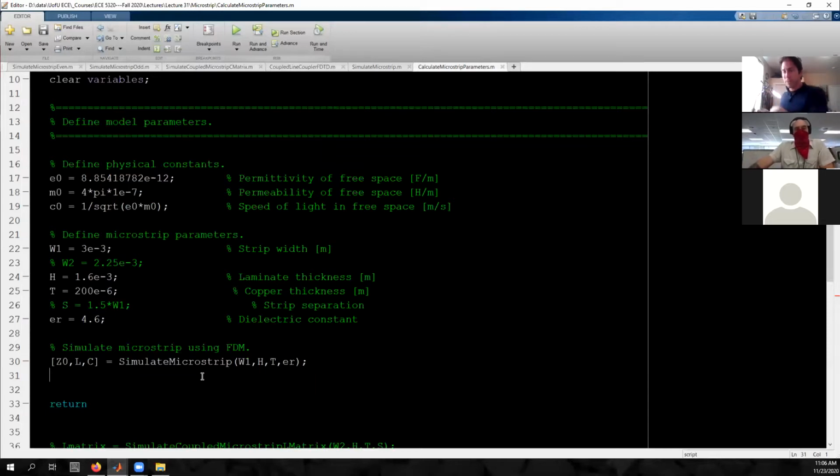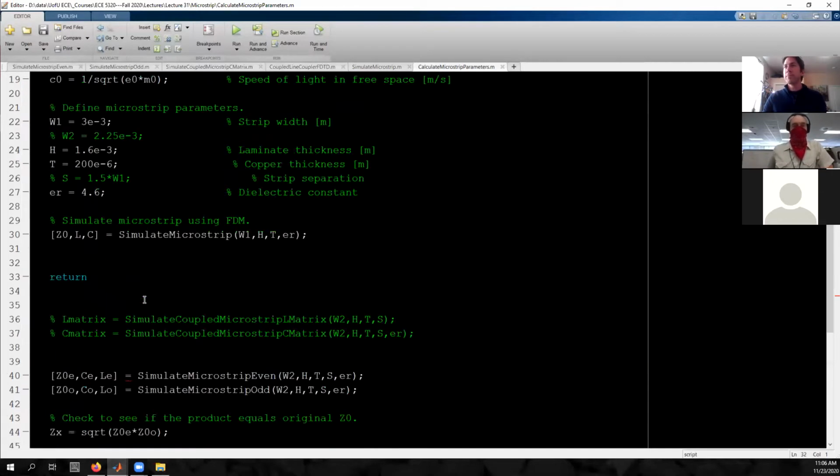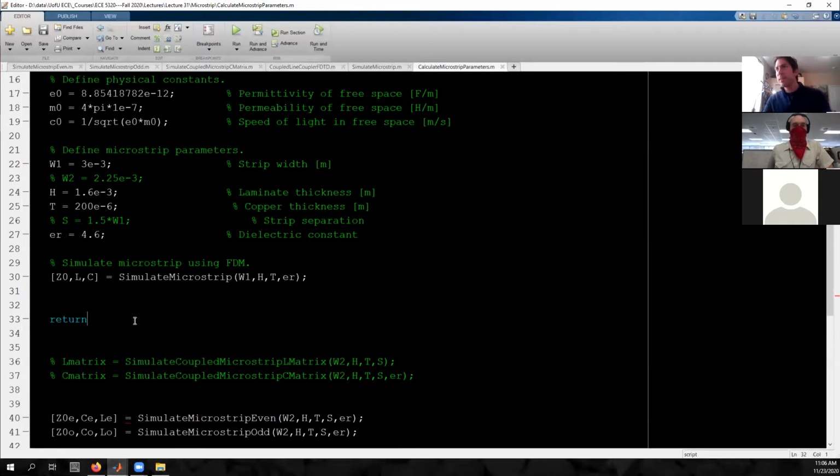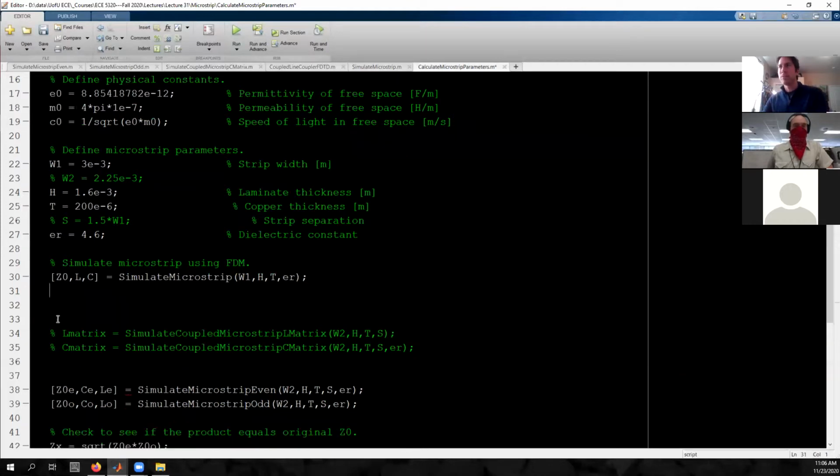We used all those approximate equations to derive those same parameters. This sort of simulation is just a little bit more rigorous, but it doesn't have the benefit of that nice closed form expression. So the next step is we need to calculate the even and odd impedances. So we'll kind of do that next step here.